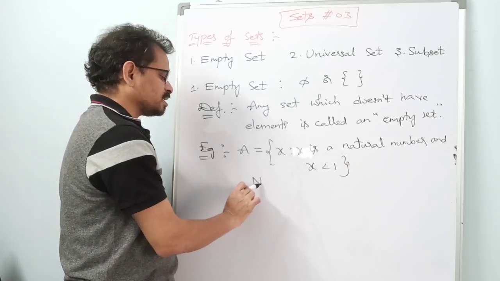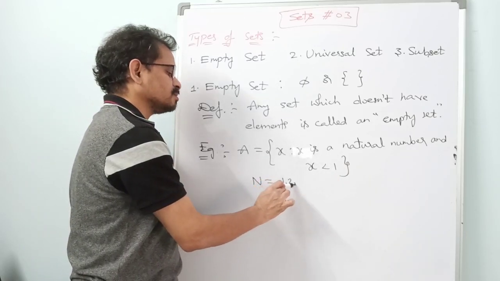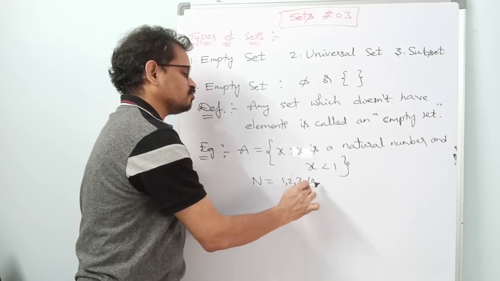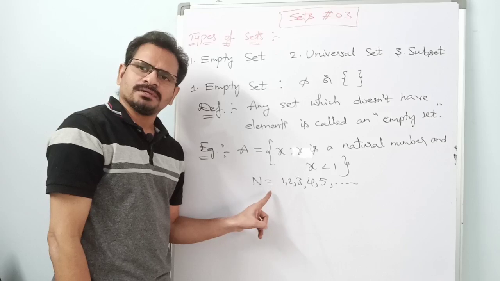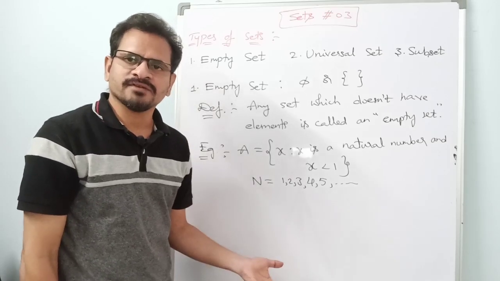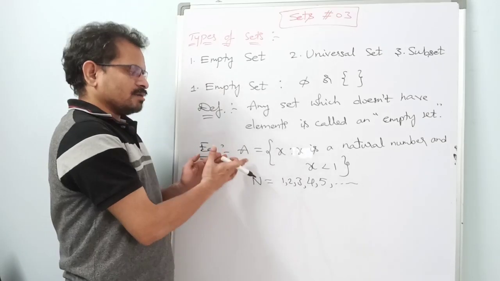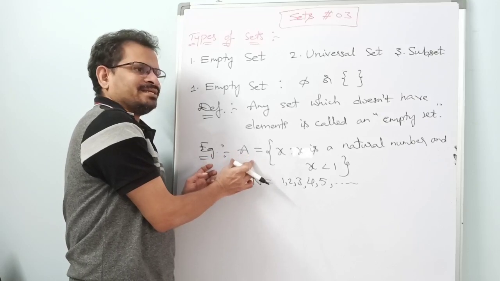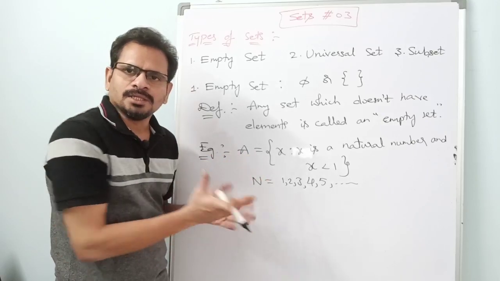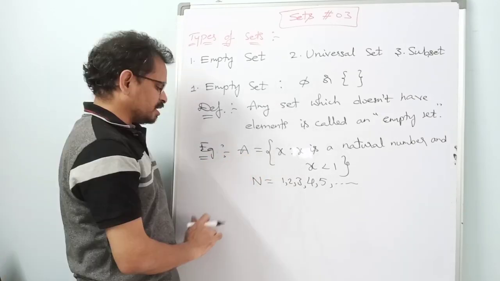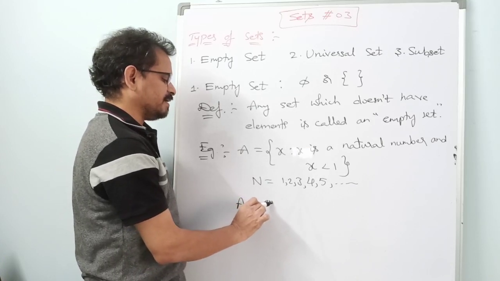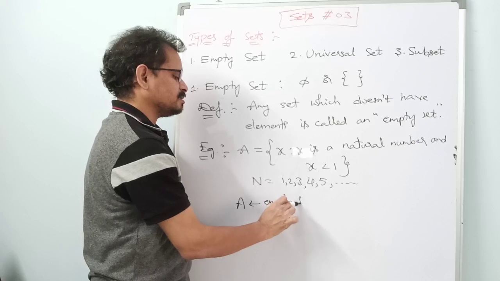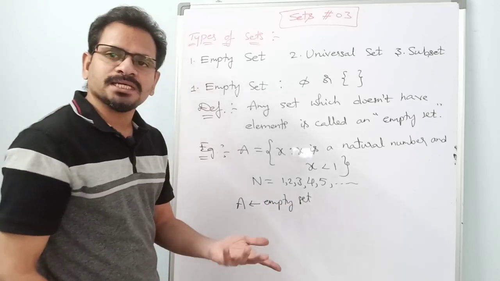You know, natural numbers start from 1 itself: 1, 2, 3, 4, 5, and so on. Can you find a natural number less than 1? No, they start from 1 itself, no? So what about set A? Does this set A possess any elements? No, it does not contain any elements. Then set A is nothing but an empty set.